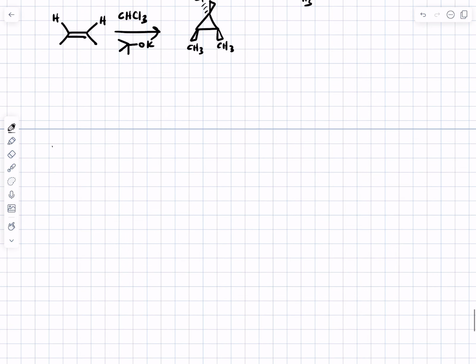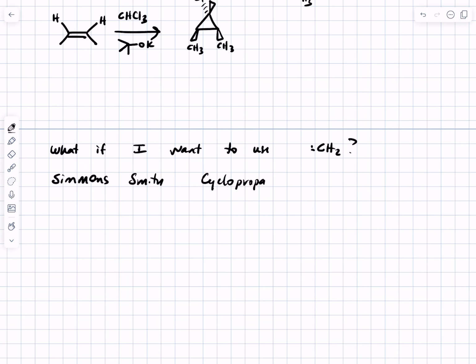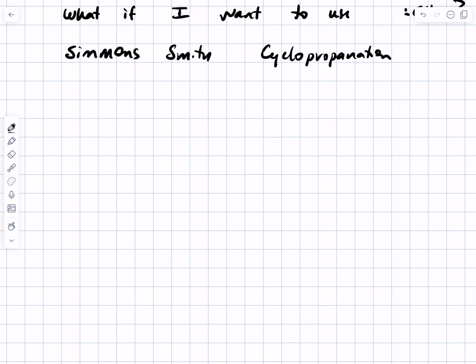And so if I want to use CH2 carbene, I need another approach, and this is what's called the Simmons-Smith cyclopropanation. This is presented in your text without a huge amount of mechanistic detail. I'll follow your text pretty closely.